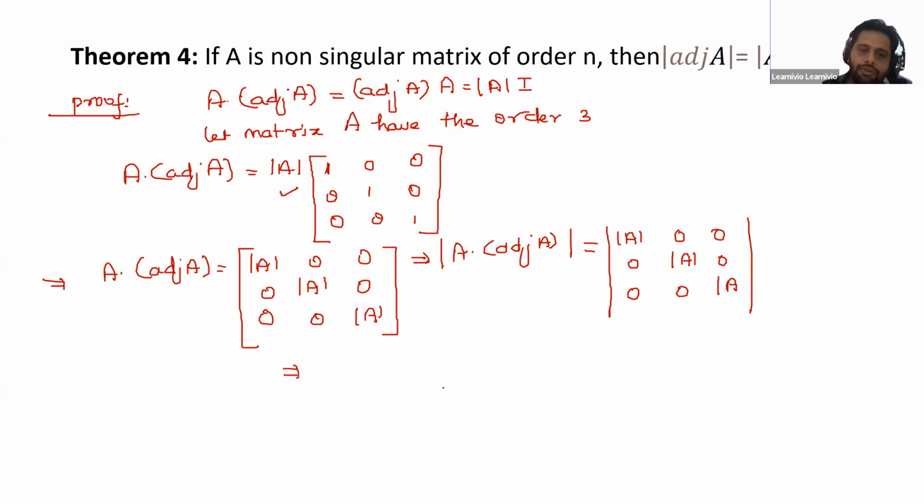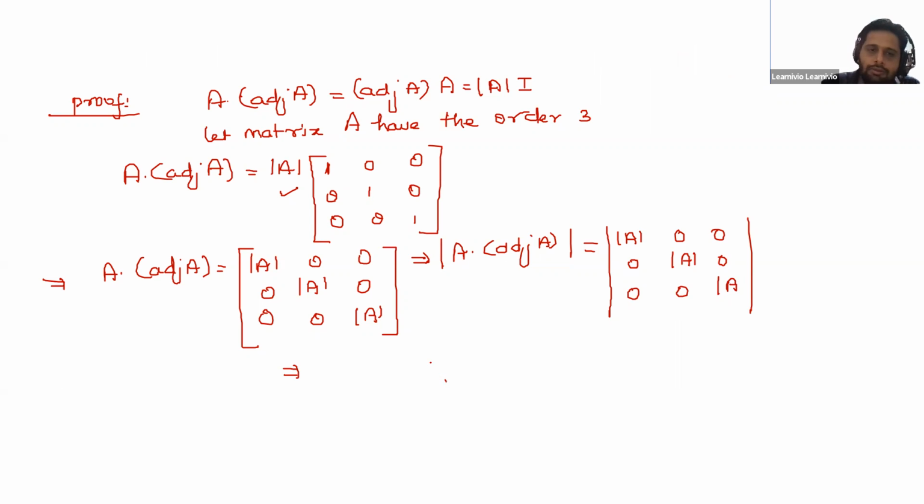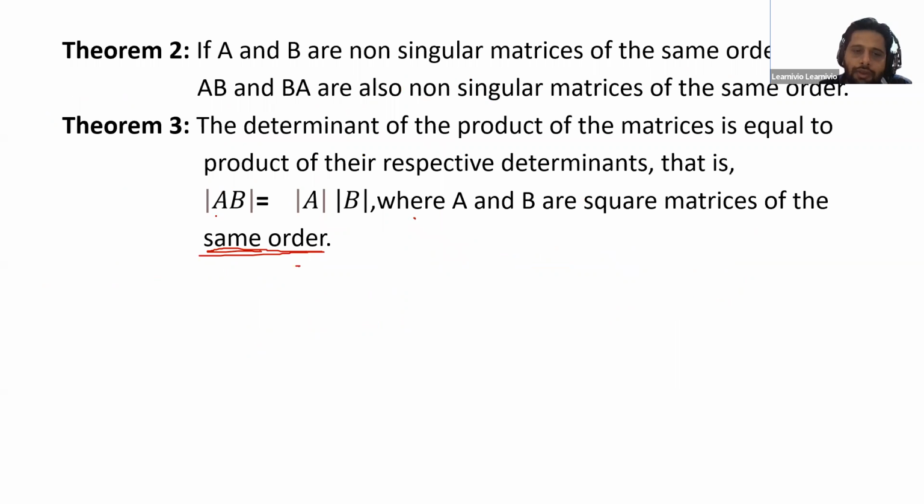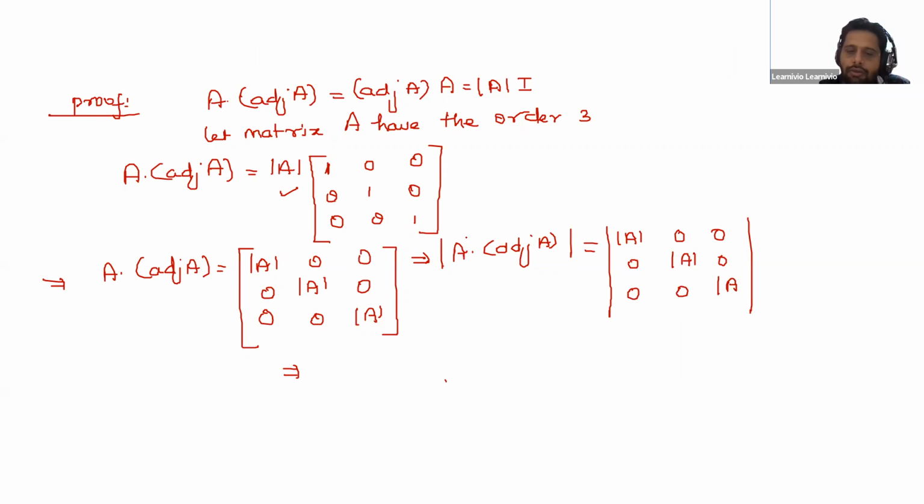Okay, now if you check our previous property, determinant of AB is equal to determinant of A into determinant of B. Here also we have two matrices, A and adjoint of A. So if we are finding the determinant of this, it will be equal to determinant of A into determinant of adjoint of A. And this is equal to, now in case of determinant, you need to take a common from each row or column.